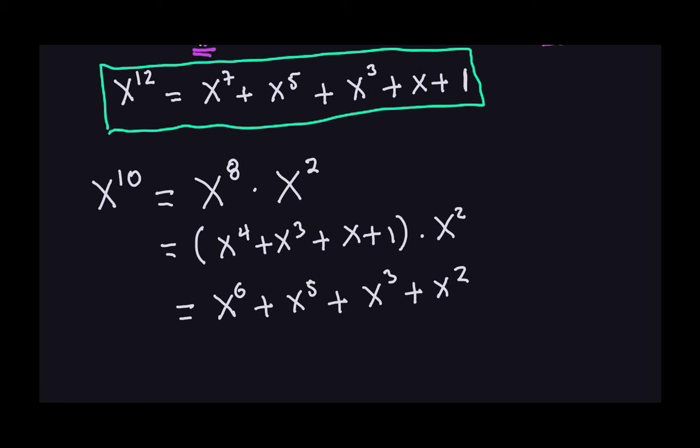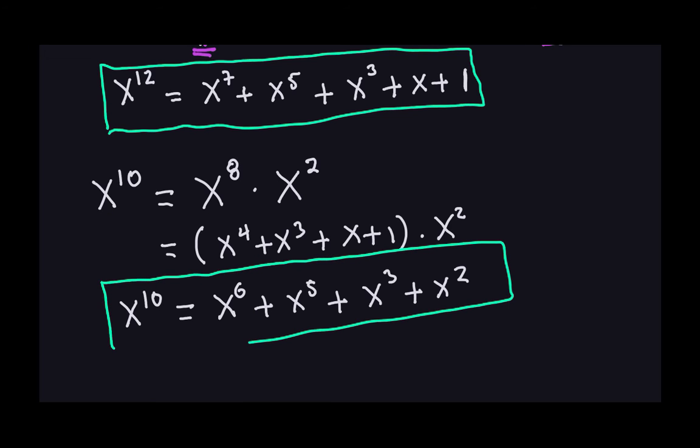And I don't have to do any reductions anymore because this polynomial is already of degree 7 or less. So what I'm saying here is that x to the 10th is that polynomial. Again, this doesn't make sense in college algebra, but it does make sense in the Galois group. Okay, so that's what we have so far.